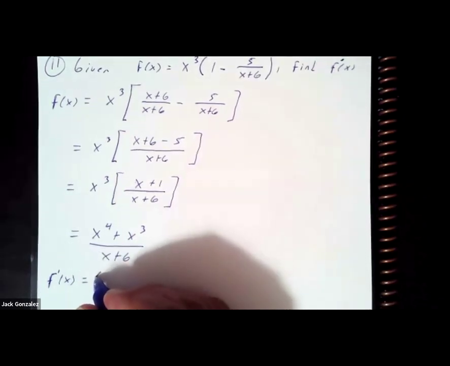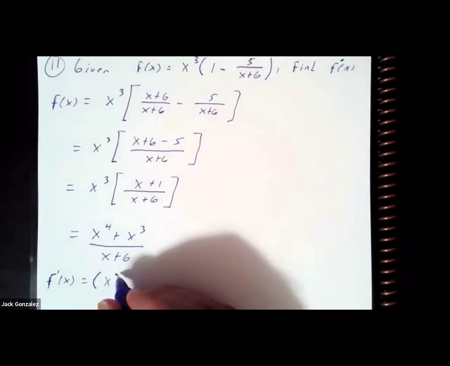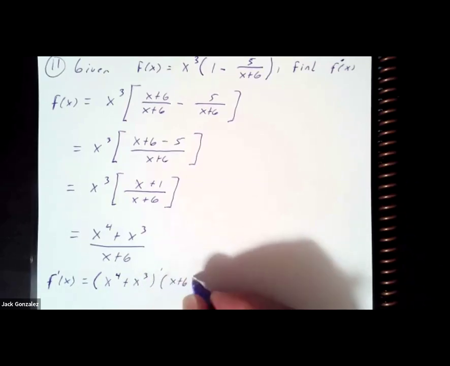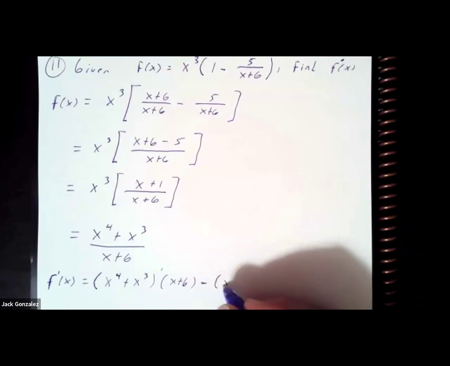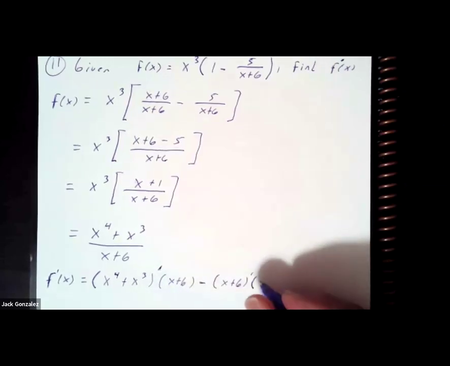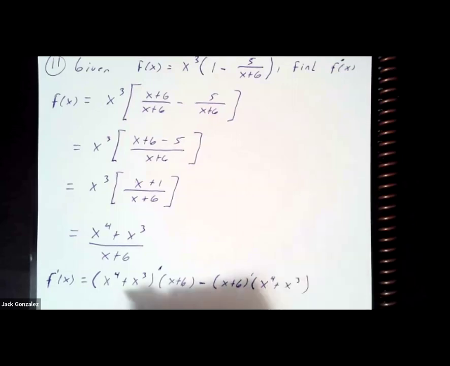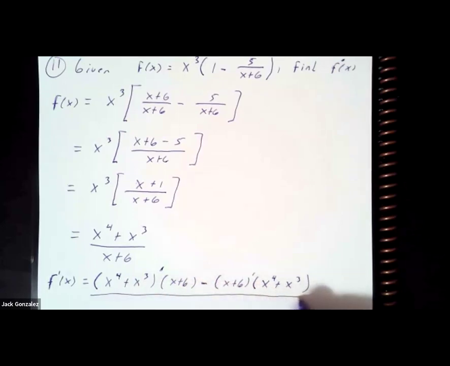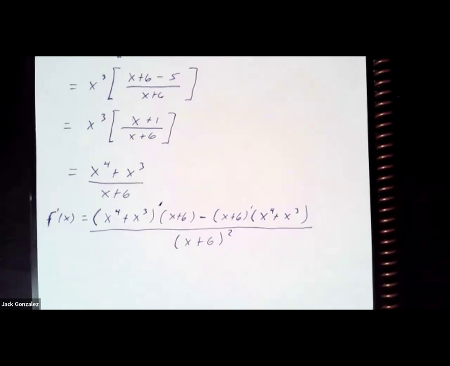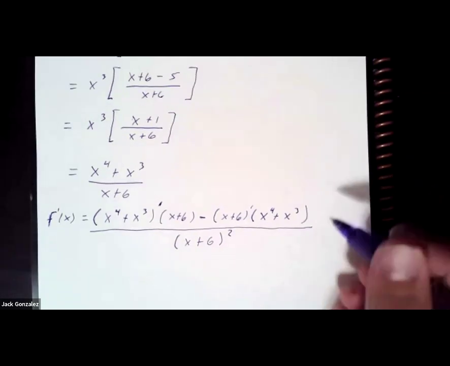So derivative of the first part times the second part minus derivative of the bottom part times the second part. This time I just went and did everything at once.